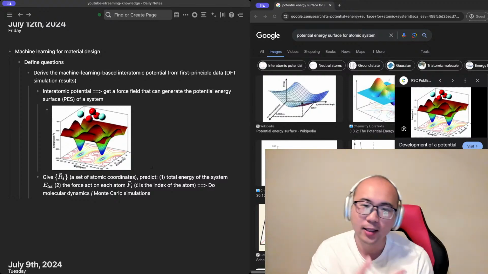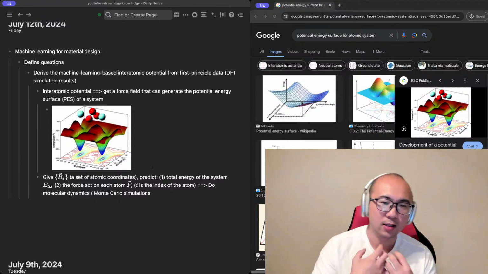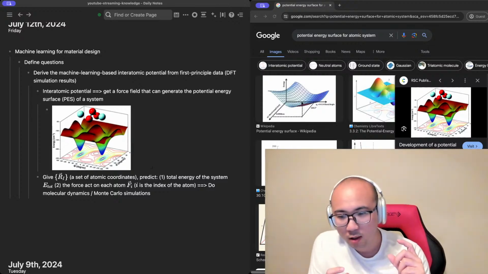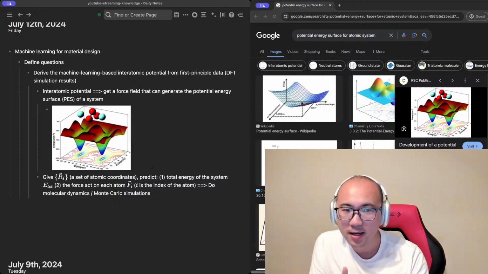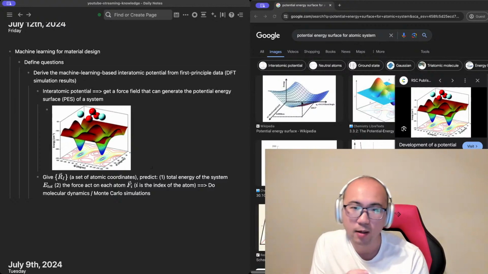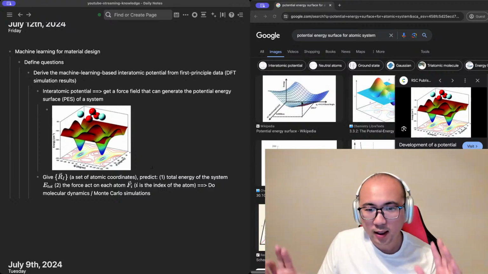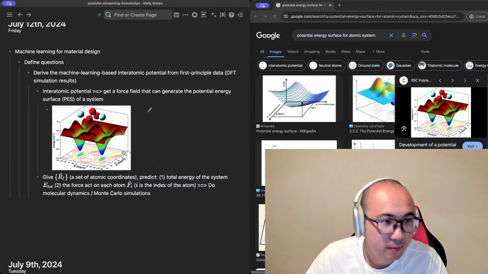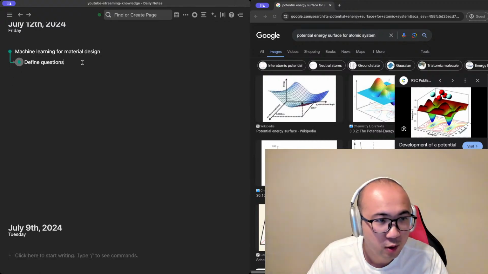If we can find a machine learning model that can approximate the potential energy surface, I think that will be a very cool idea. So that's basically the problem we are trying to solve.